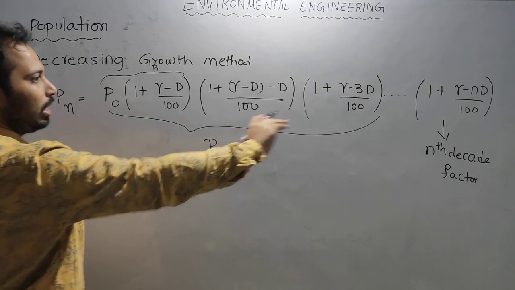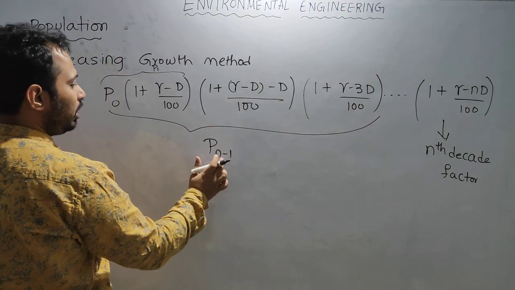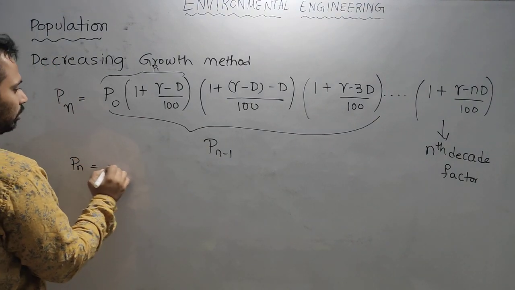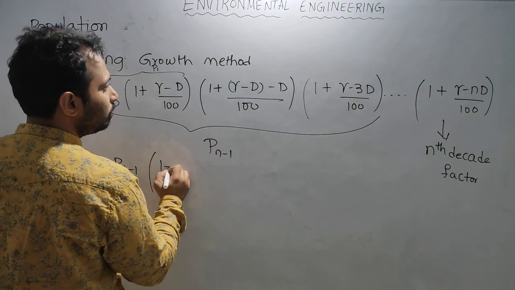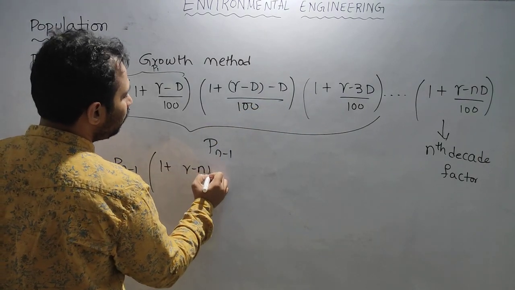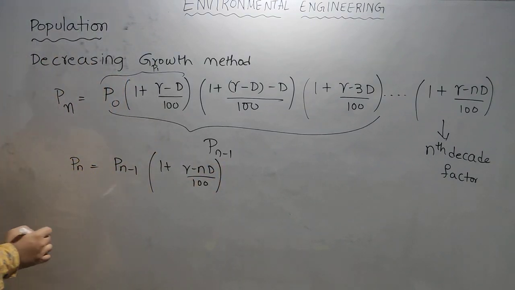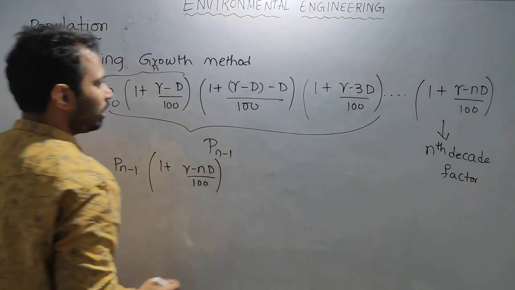So this is one formula. And if I know Pn minus 1, then Pn is equal to Pn minus 1 into 1 plus R minus ND by 100. This is another formula which I can use if I know Pn minus 1 completely.